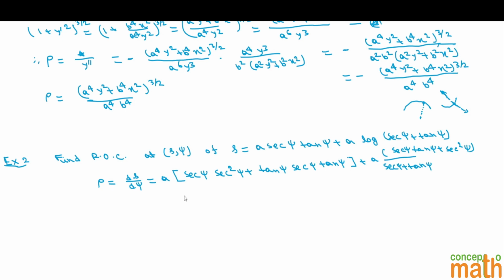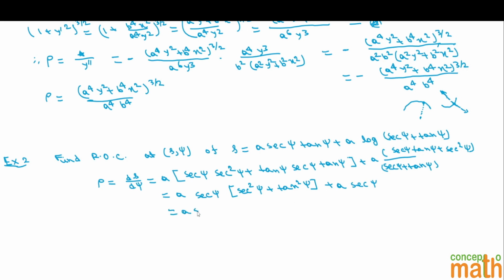Which if you simplify, we will obtain that from here we can take sec psi common, so this will become sec square psi plus tan square psi, and the second expression, if we take sec psi common from the numerator, the remaining portion will get cancelled out, so this is simply a sec psi.